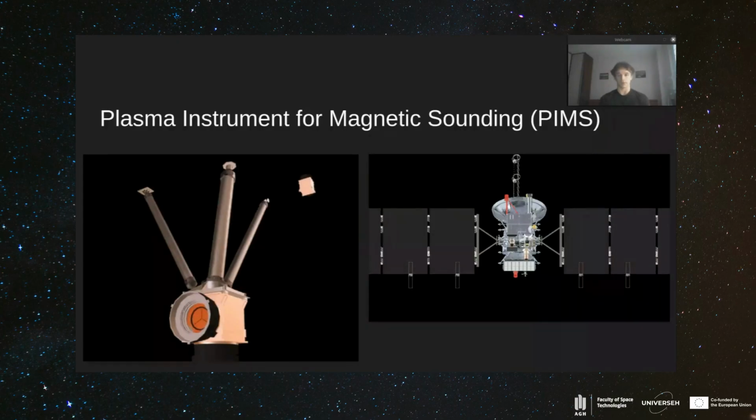And because of this charge, they will be interfering with the magnetic field. So ECM and PIMS will be collaborating with each other, and the contribution to the magnetic field calculated from PIMS will be subtracted from the readings of ECM. So yeah.